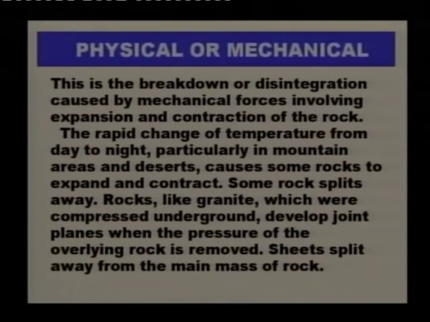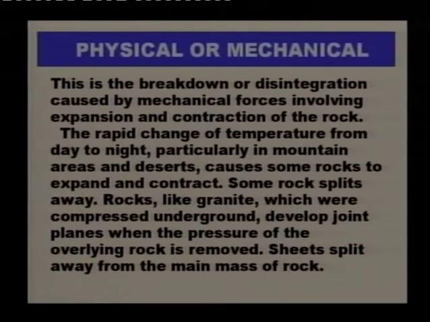And when the pressure of the rocks which are on top of it is removed, then the rock of granite will start to split. And the splitting is an example of mechanical or physical weathering. Sheets split away from the main mass of that rock of granite, and when that happens, we can say disintegration or physical or mechanical weathering has taken place.